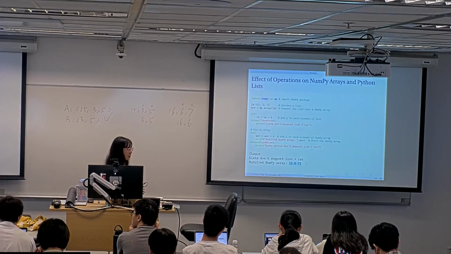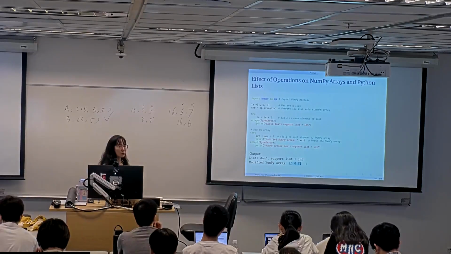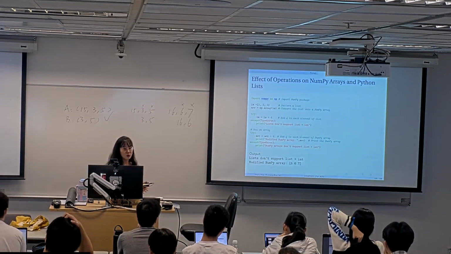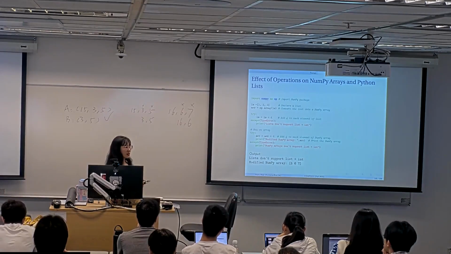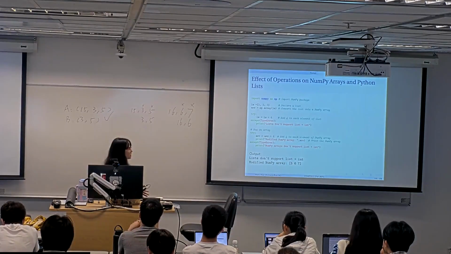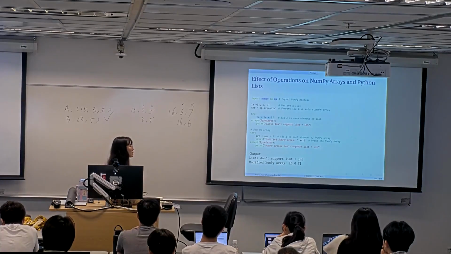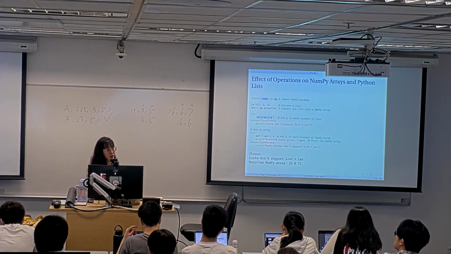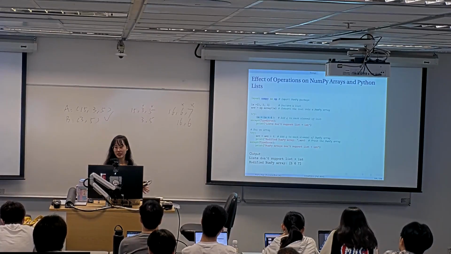So that means if you want to perform arithmetic operations, using a NumPy array will be very convenient because it has the broadcasting mechanism. But you cannot do the same thing for the list. For example, you cannot directly add an integer to each element of the list using this one; you need to write list comprehensions.